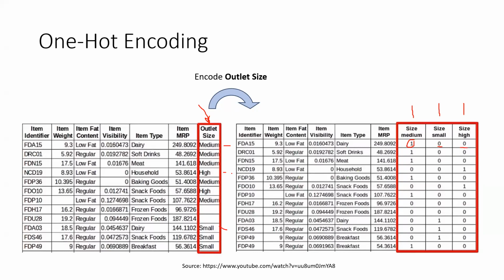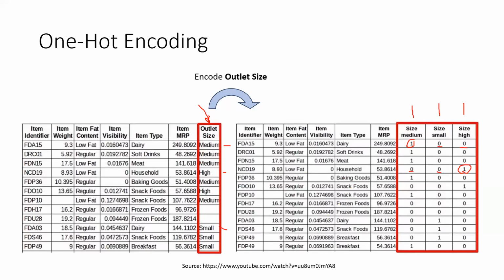When the outlet size is high, size high has one value, and the other values will be 0, right?